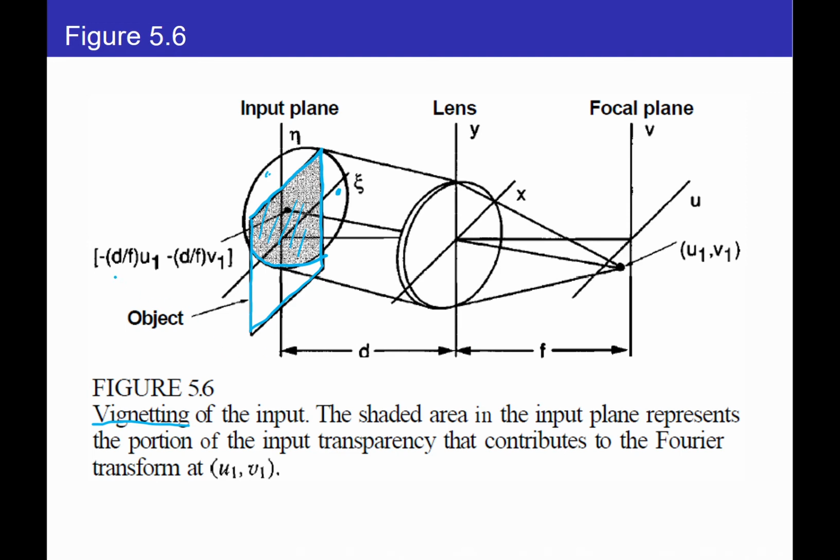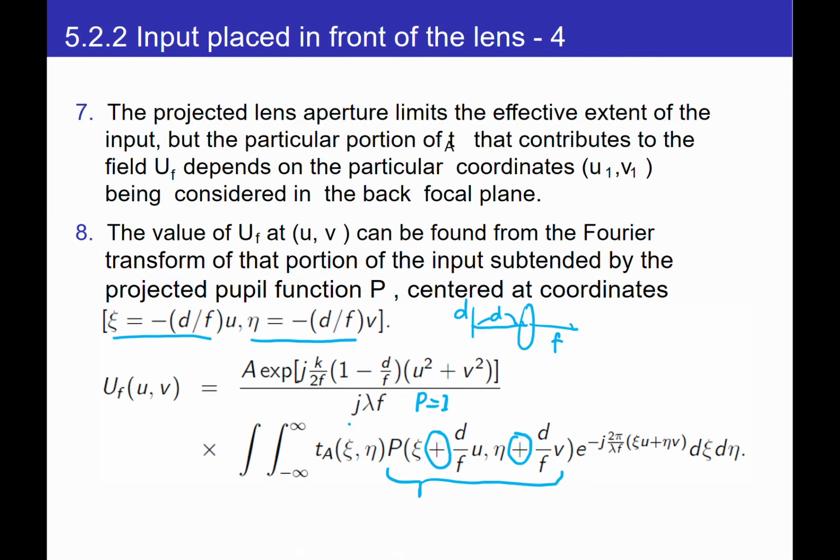Okay, like this one. So this object center is there, and then we get the pupil function, and then we get the Fourier transform. Only the part of the transmittance function is going to be Fourier transformed. Okay, this is how we correct for the finite lens size.